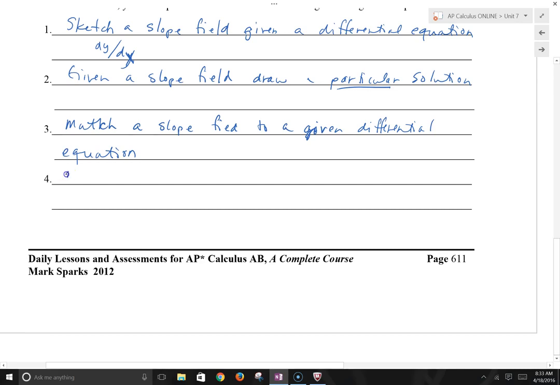And the 4th one, match a slope field to a solution of a differential equation.